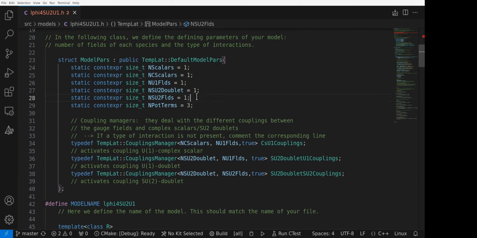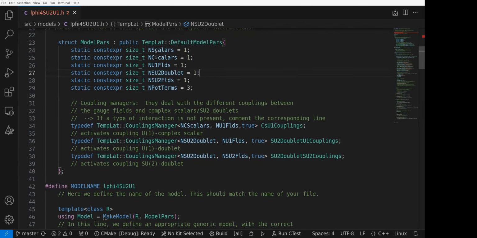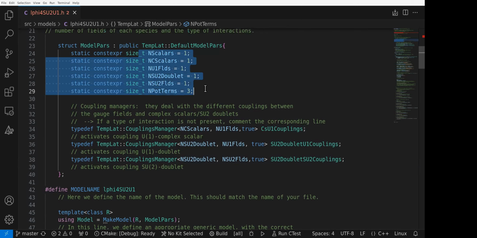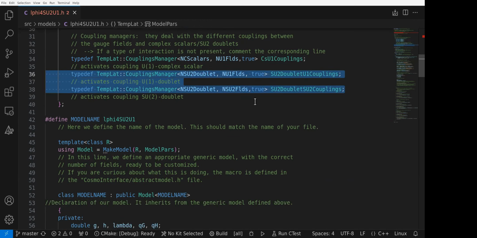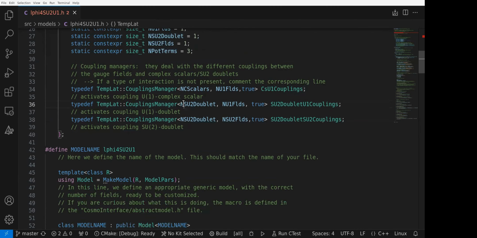For some technical reason related to the gauge coupling, in the implementation that we have now, you can use only one gauge field. In principle, you can use as many doublets as you want, and you can give them different charges with respect to the gauge field. The rest is all the same as you have seen before. You also need to specify these two new coupling managers: the number of SU2 doublets, and whether they couple to your U1 field or not, because maybe you want a model where the doublet couples only to the SU2 gauge field and not to the U1 gauge field.